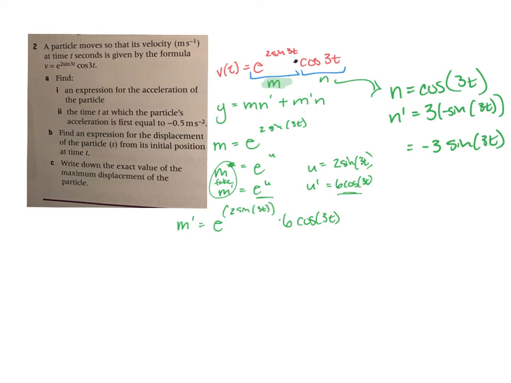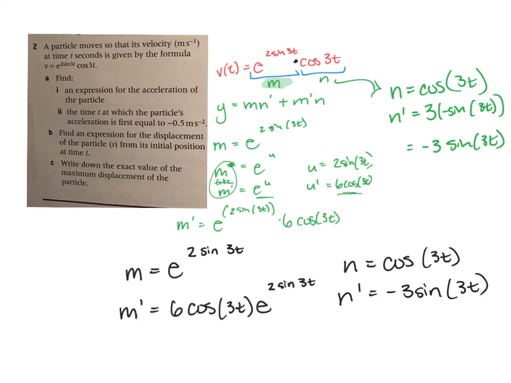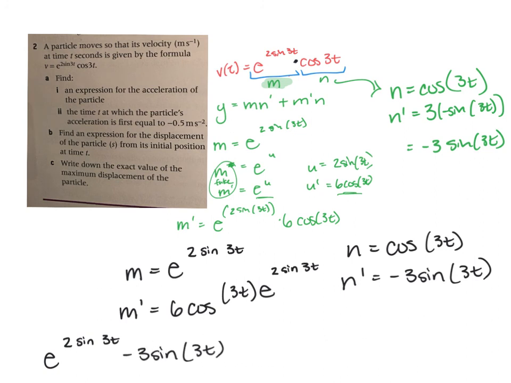Okay, so we got to get m times n prime plus n times m prime.